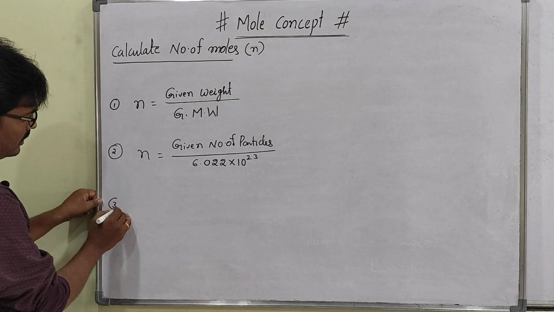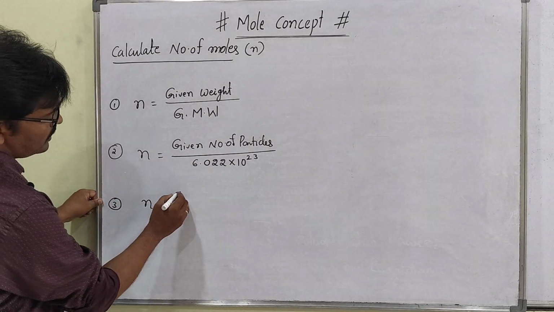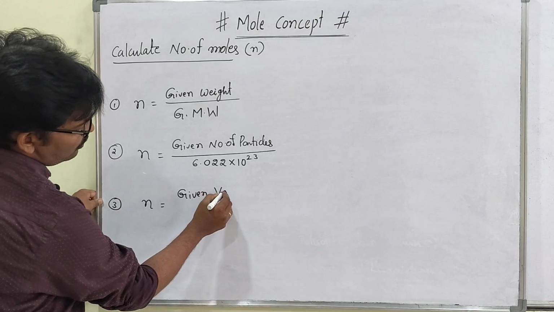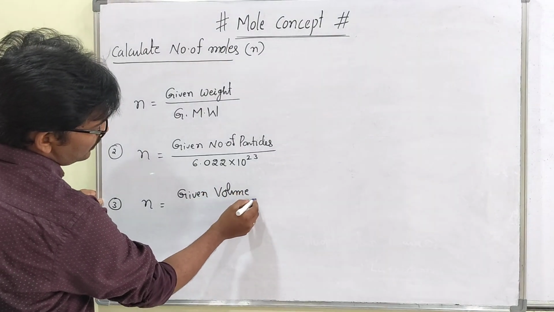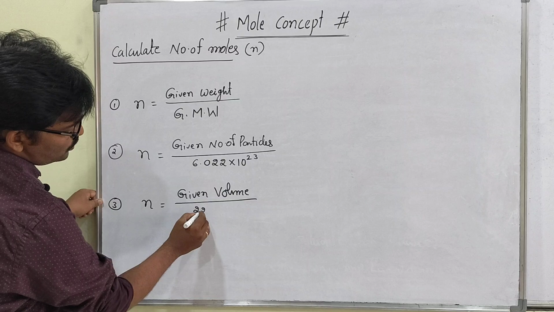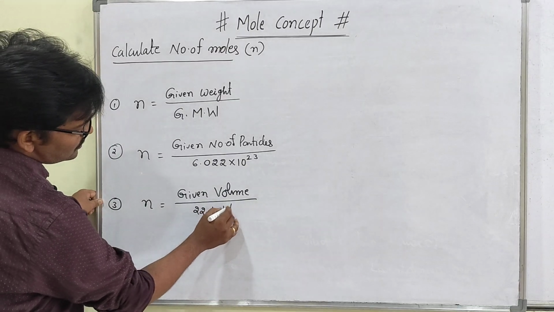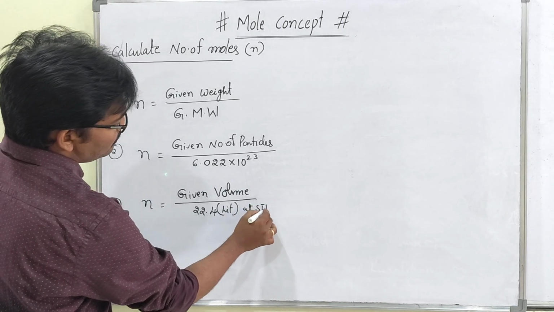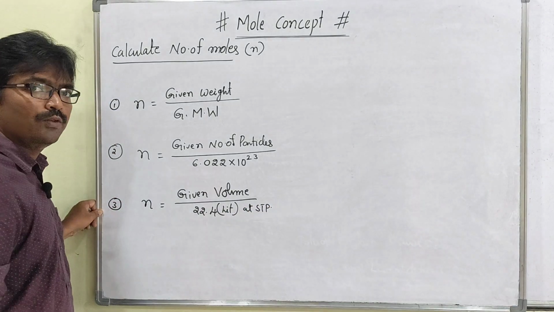Then the third one: n is equal to given volume divided by 22.4 liters at STP conditions, that is equal to 1 mole.